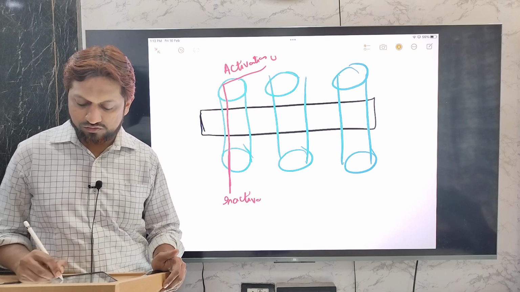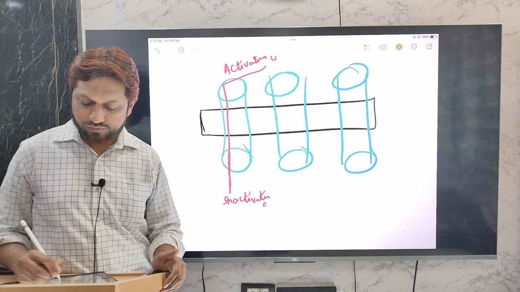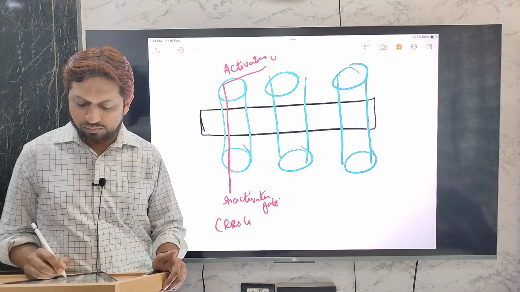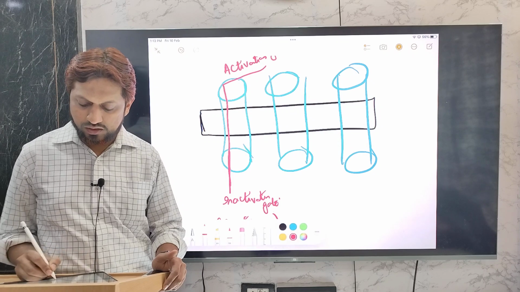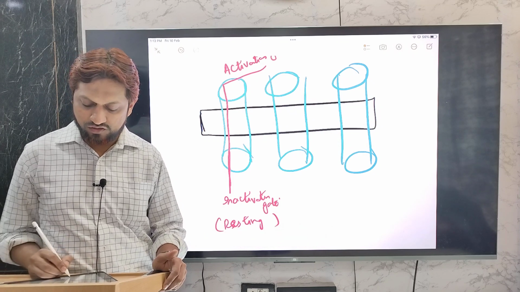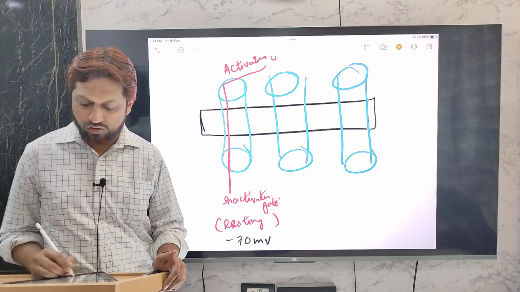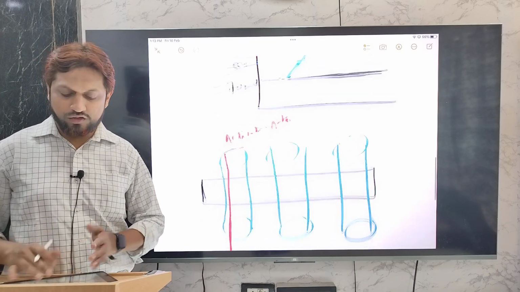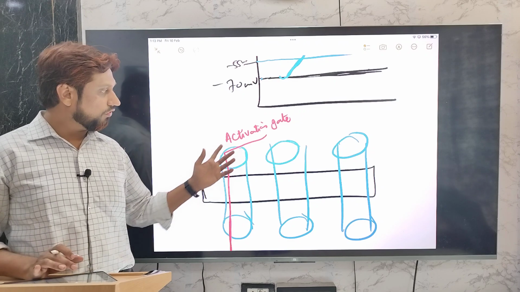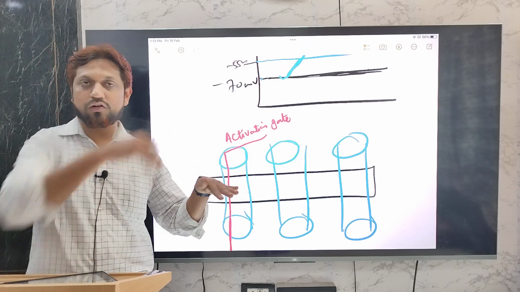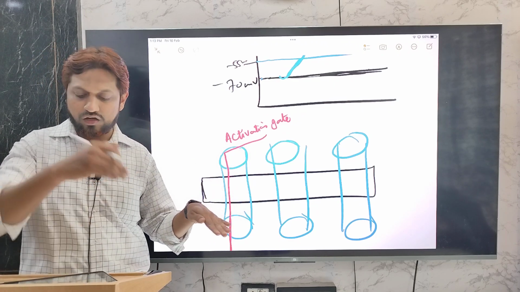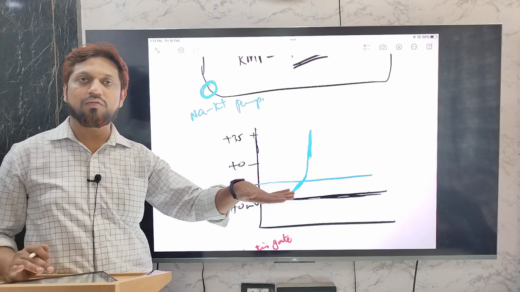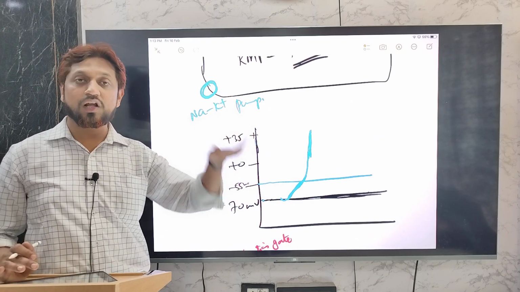At the resting condition, that is when the membrane potential is minus 70 millivolt, the activation gate is closed. That's why the sodium ions are not coming inside the cell and the membrane polarity is maintained at minus 70 millivolt, which is called the polarized state.